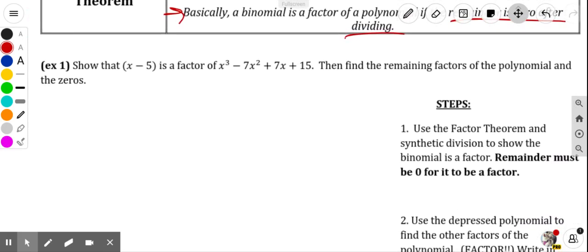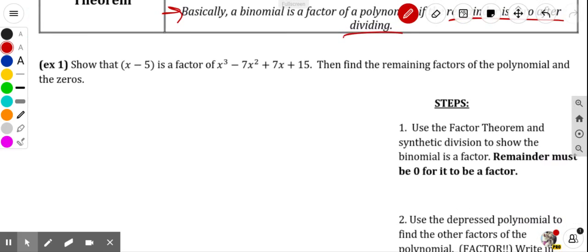Each time, we'll be given a factor and a polynomial, asked to show that it's a factor, then find the remaining factors, and lastly identify all of the zeros. So you start off with synthetic division. The remainder has to be 0 for this to be a factor, which we're told it is. They're saying show that it is a factor, so you should always get a remainder of 0. If not, something went wrong.